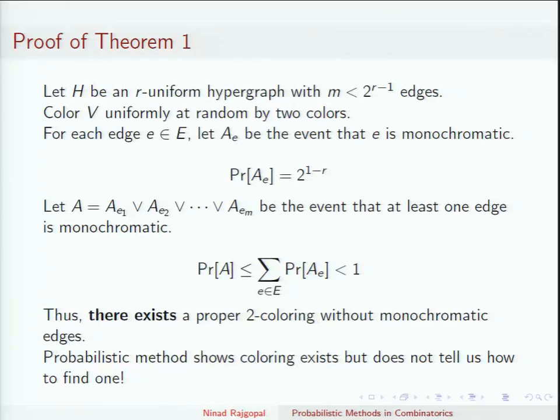So what we looked at was, let us take the set of events where at least one edge is monochromatic. Fine. Now this probability is strictly less than 1, right? So what is the complement event of this? None of the edges are monochromatic. That is what we want, right?